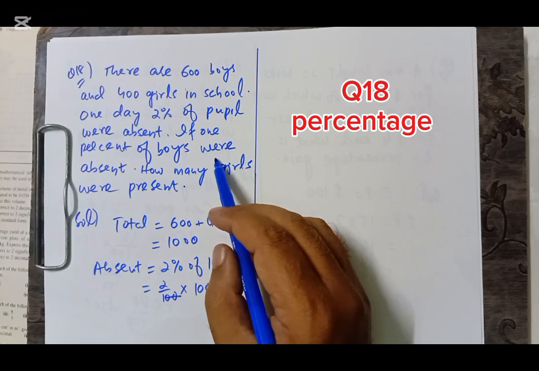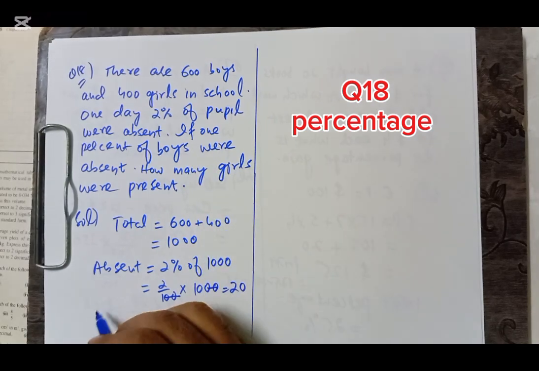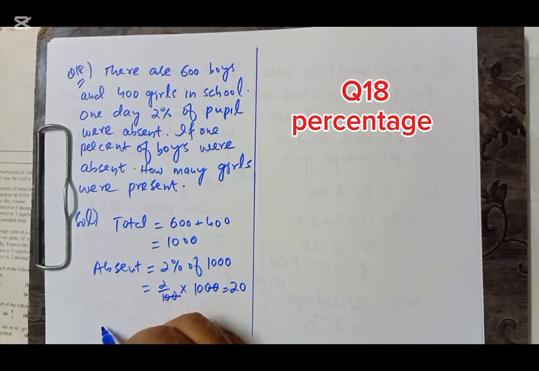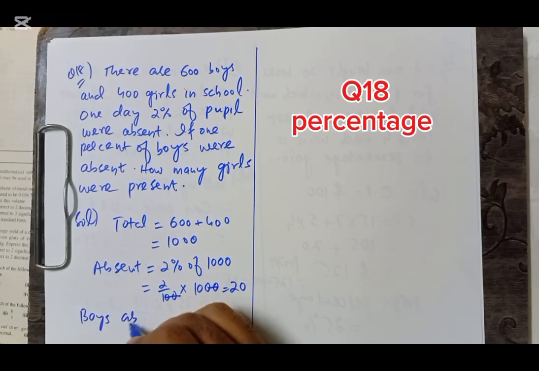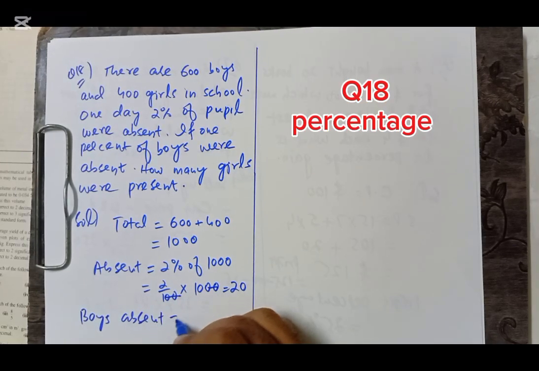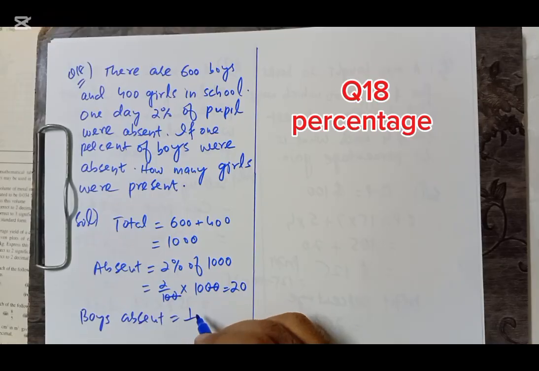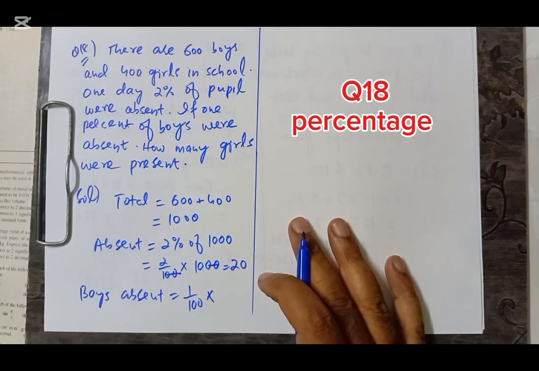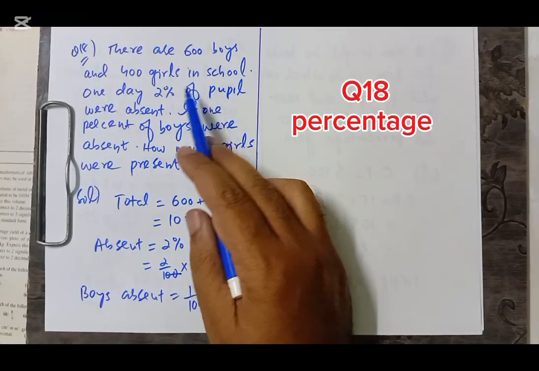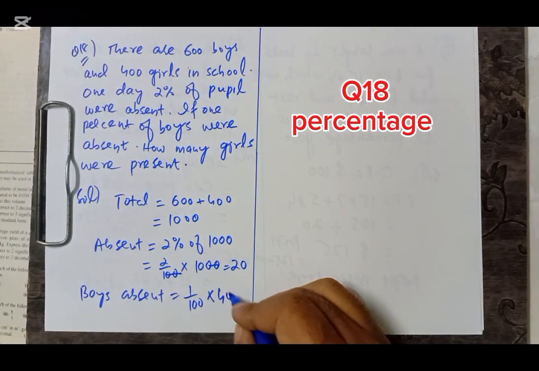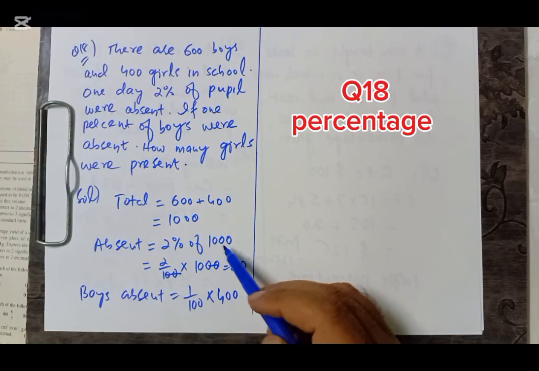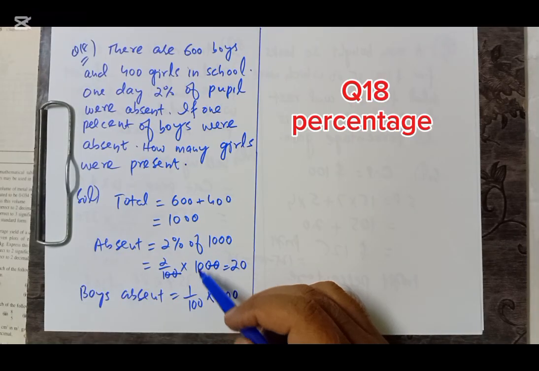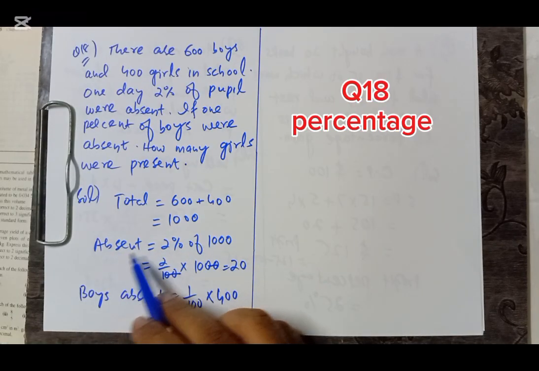If 1% of boys were absent, so boys absent 1%, 1 upon 100, and the total number of boys we have is 400. So I am calculating it directly, like 2% of 1000 was the total number of absent students.